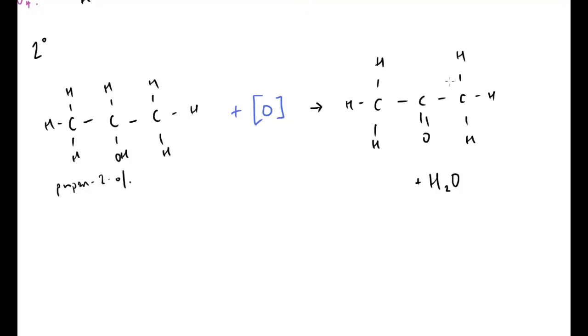That is right. And this is a ketone, and this is actually called propanone. If you wanted to name where this is, you could say it's propan-2-one, but I would be careful with that because there's nowhere else this group could be. If it was on the end, it would be propanal. If it's in the middle, it's propanone.